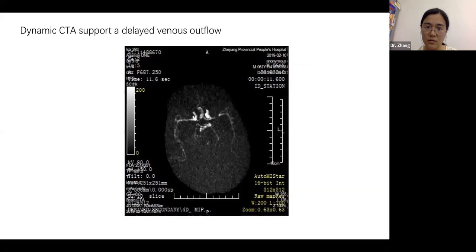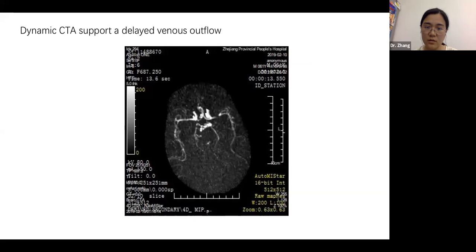And then it's 11 seconds, and then 2 seconds pass. At this time, you can see there's a very slight signal here. That is on the right side, the contralateral side, the superior middle cerebral vein.